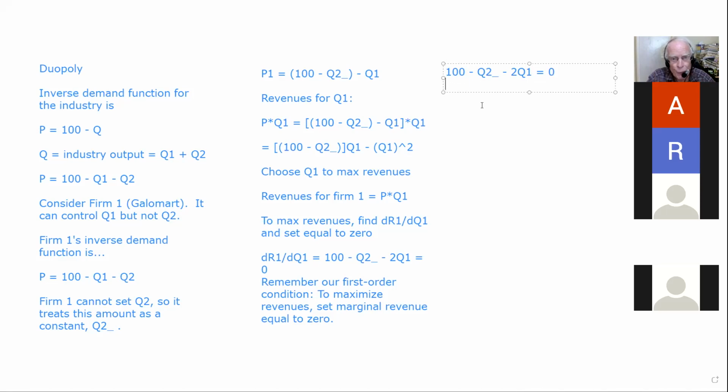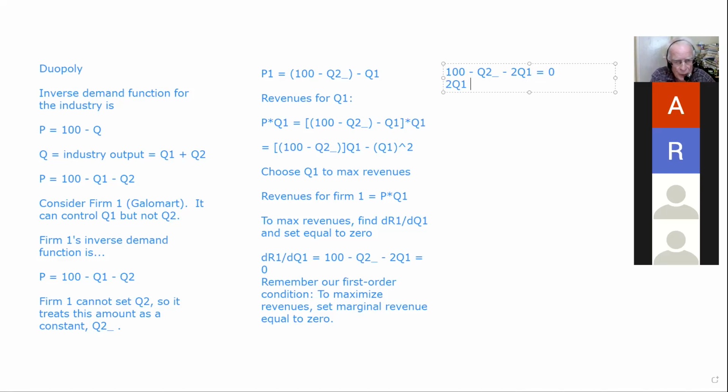So let's solve for output Q1. Add 2Q1 to both sides, so that this is equal to 100 minus Q2.